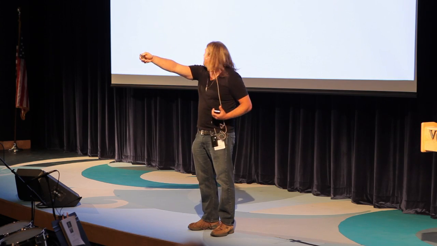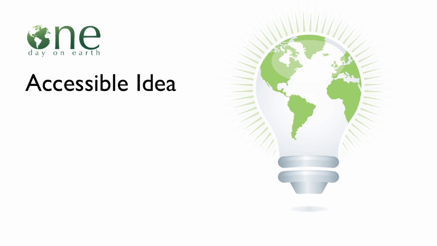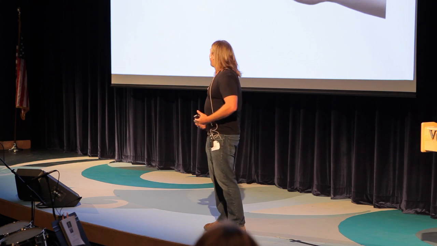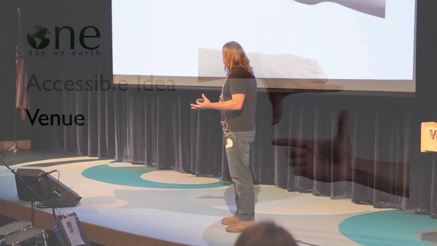A lot of people have asked me, how did you do that? How did that come to be? I want to talk to you about a few simple ideas. First is an accessible idea, something easily communicable between people and could be spread very easily. The second would be venue.